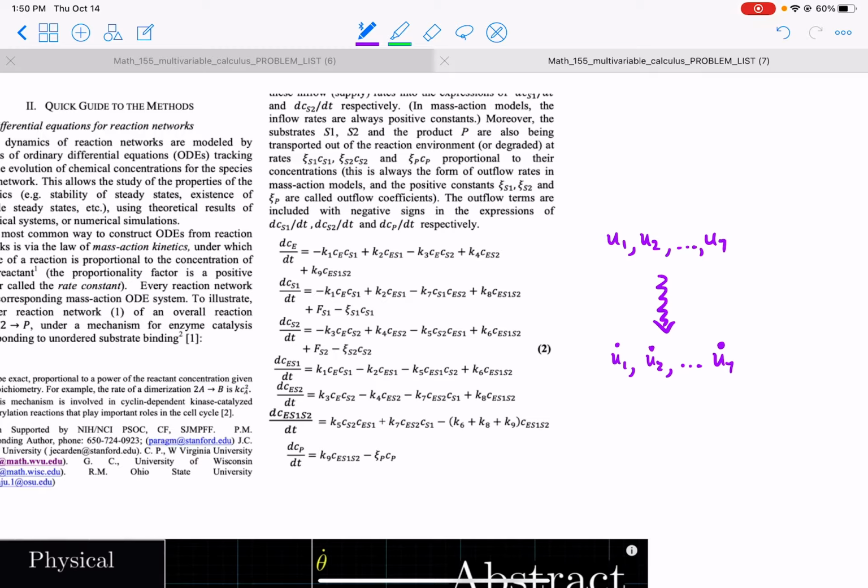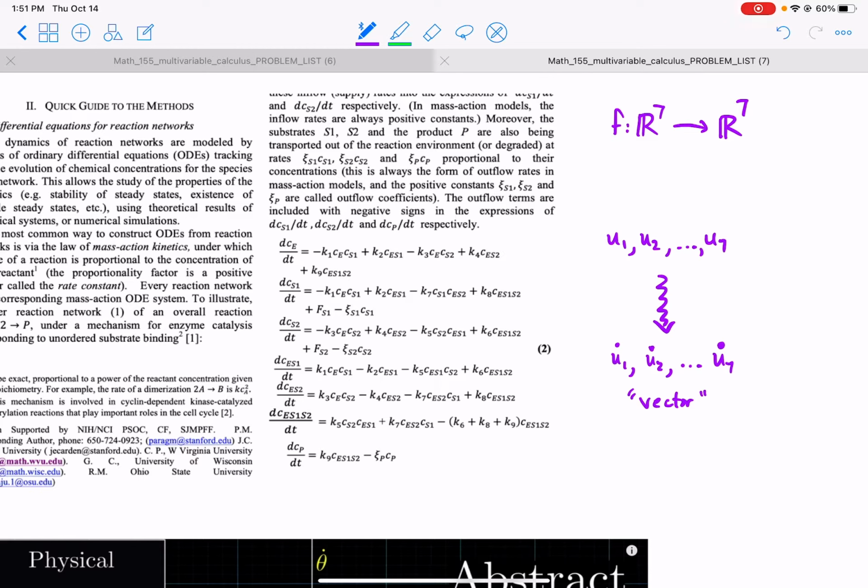They'll be able to tell you that the enzyme will change according to this function, the substrate will change according to this function. In other words, chemistry provides a map from the 7-dimensional space of possible concentrations of 7 chemicals back to that space. And this would be the vector in our vector field.